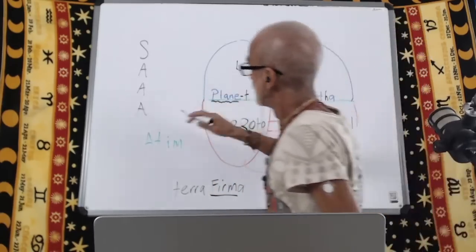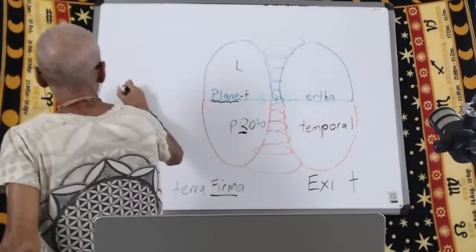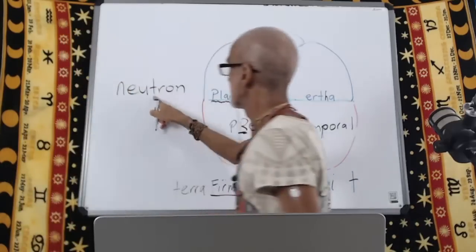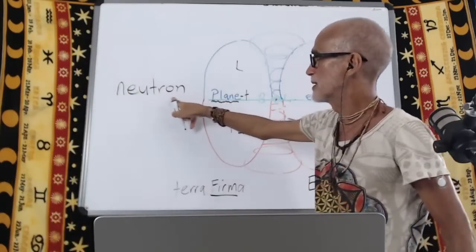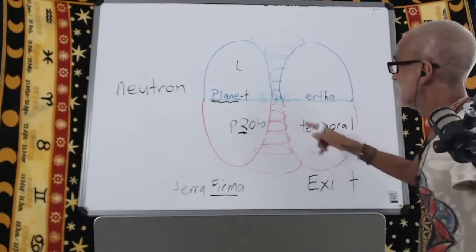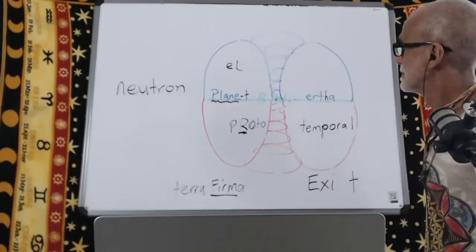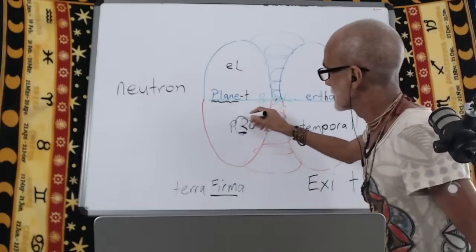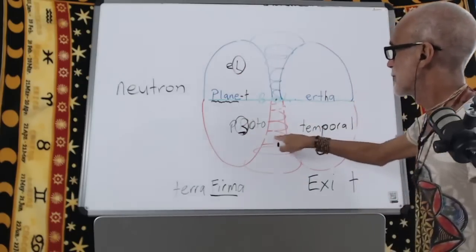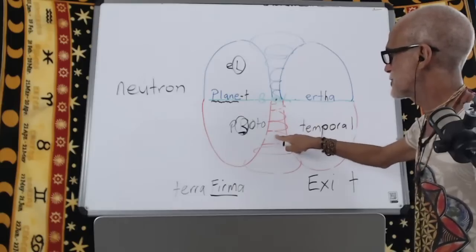You see, neutron. Neutron, please pay attention. This is the neutron, this is the proton, and this is the electron, L. The R and the L are the two most important creative letters in existence. Red is R. Red is all about the letter R, radiation.